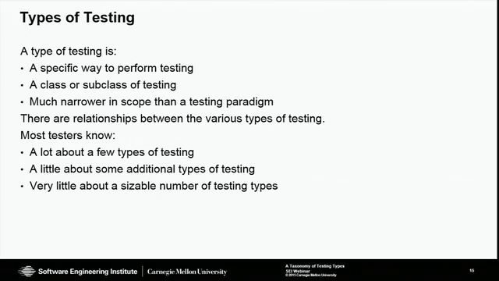And all these different types of testing are going to have relationships amongst themselves. So when I talk about a tree structure, it's really going to be a lot more complex than that. And as I said before, this is going to be a large tree, and most people are going to be intimately familiar with only a relatively small part of it.